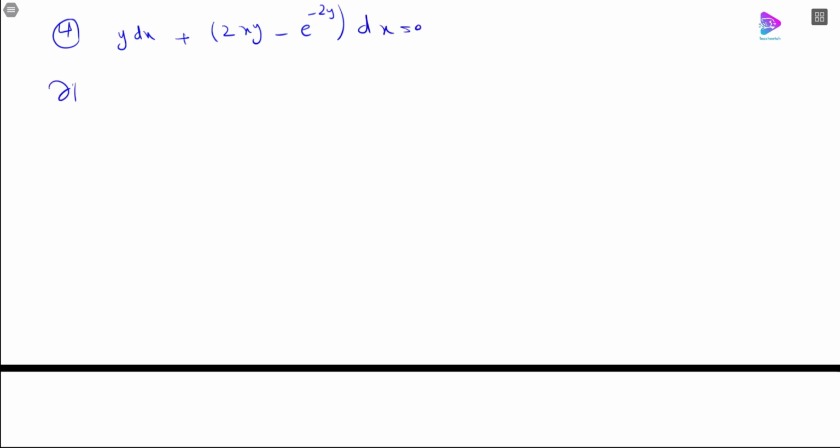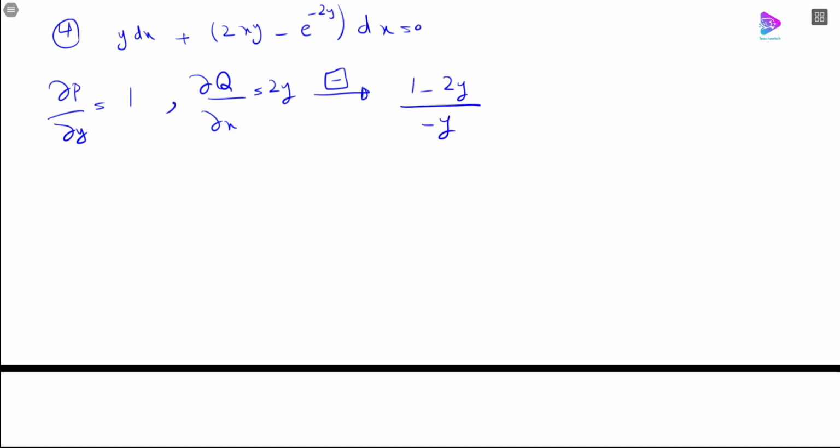Again, dP over dy is equal to 1, dQ over dx is equal to y, and therefore minus 1 minus 2y, we're going to divide this by exactly minus y, right? And then this is an f of y. Perfect. So therefore f would be equal to e to the power of the integral of f(y) dy.